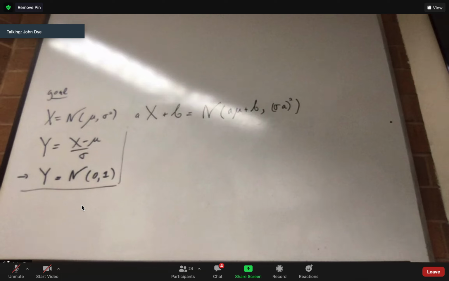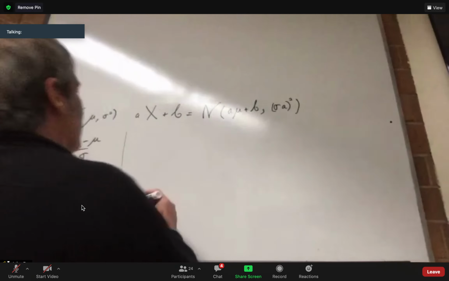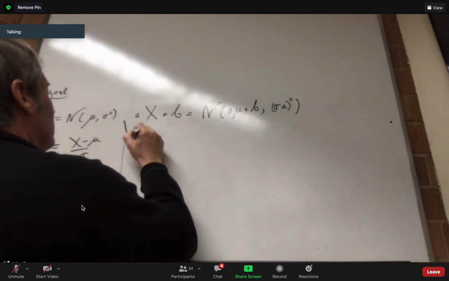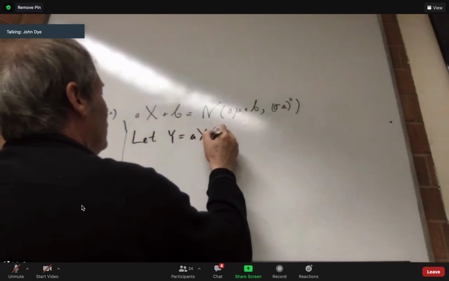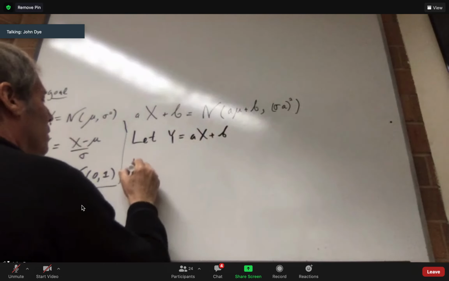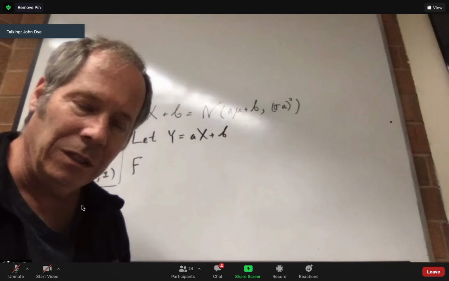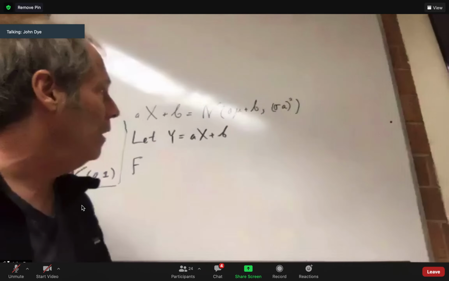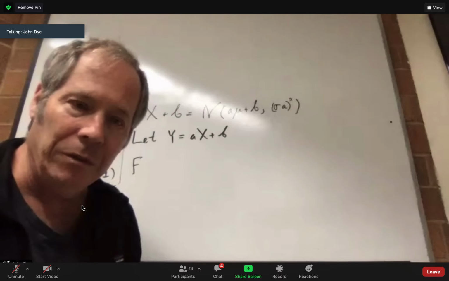Let's use F of y, where Y equals aX plus b. It's a sort of indirect way to get at this, but when we get the CDF and hit it with the derivative, we'll be able to see if the density function is obeying this conclusion.